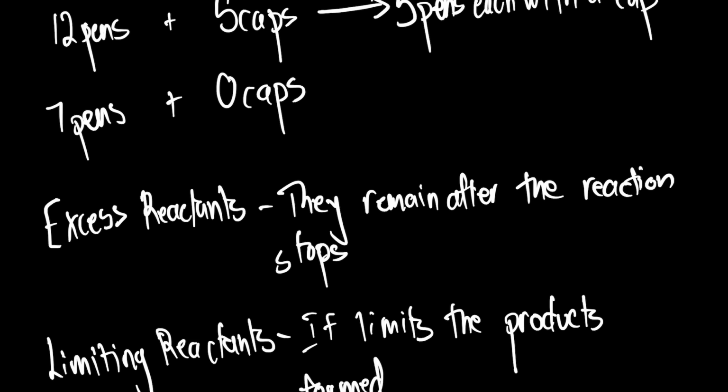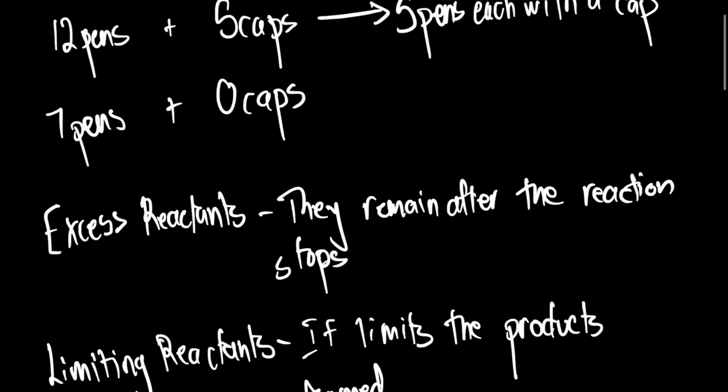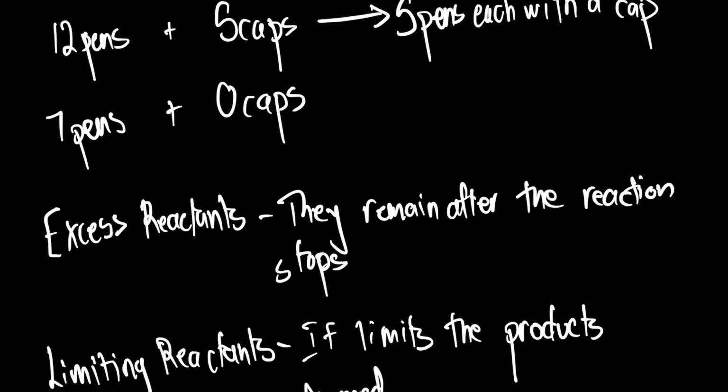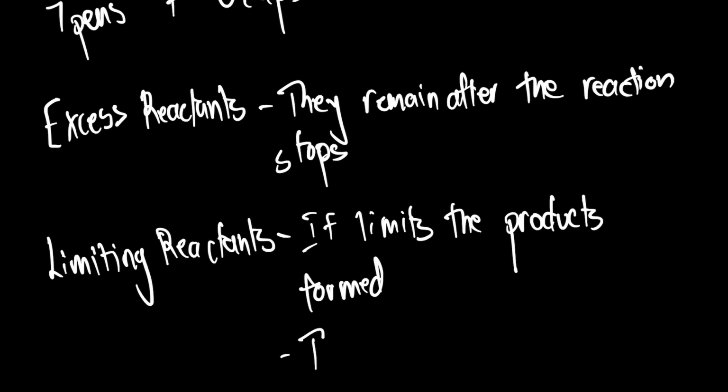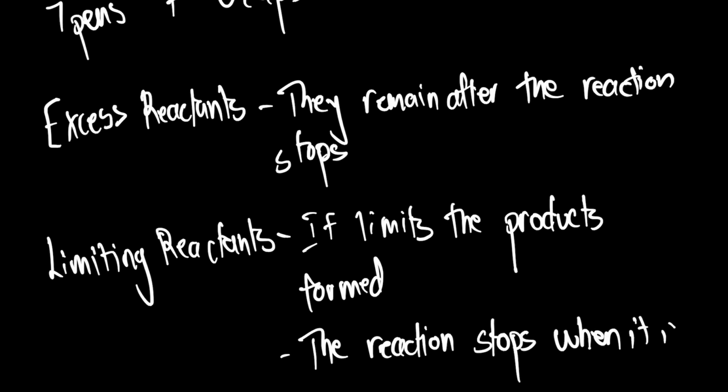Because if you look at the process above, we can see that initially there were 5 caps, but you can only sell 5 pens because the caps limit the amount that you can sell. I think also from here on, we can also say that the reaction stops when it is used up.